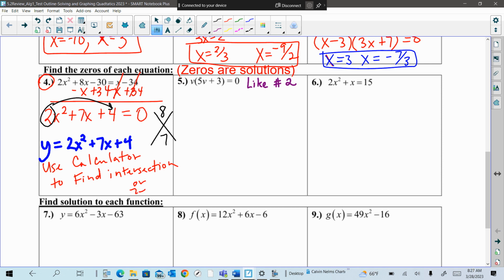Or 0. Okay, so you're looking for an intersection or a 0. Because the intersection would be your x-intercept.